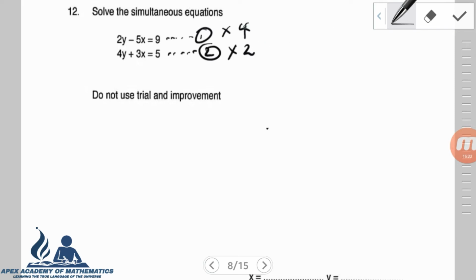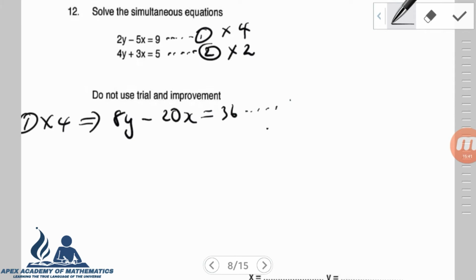Okay, so here we go. We have equation 1 times 4, and that implies that 4 times 2y is 8y, 4 times minus 5x is minus 20x, and of course 4 times 9 is 36, and that's equation 3 here.